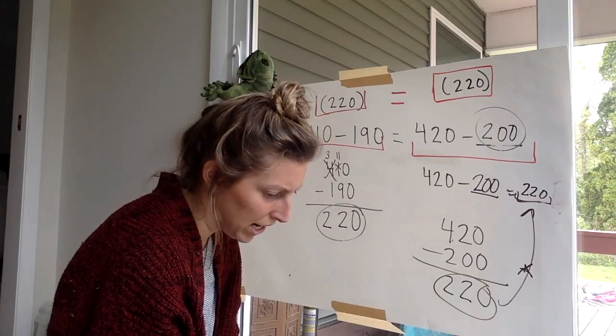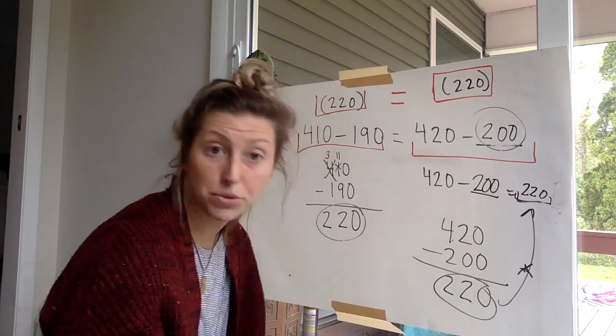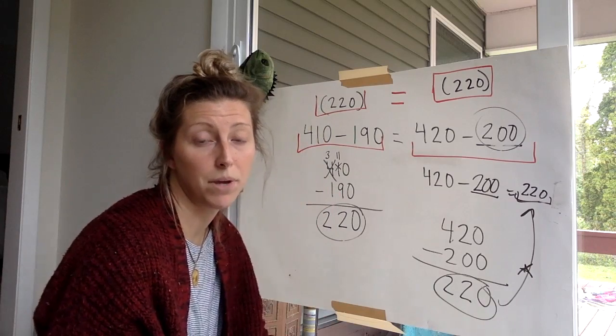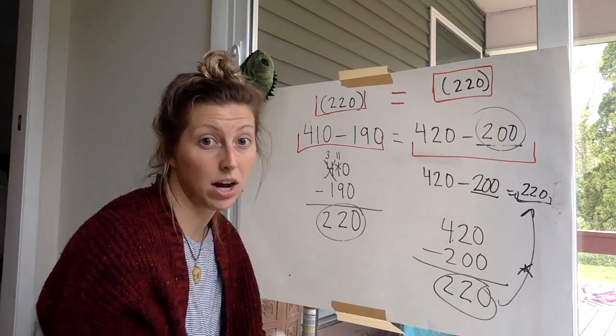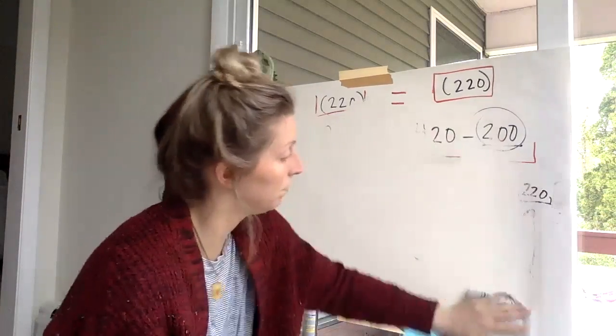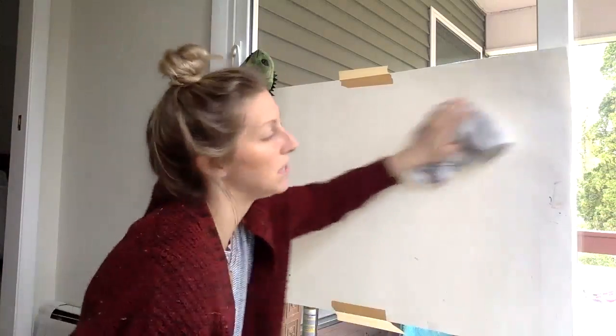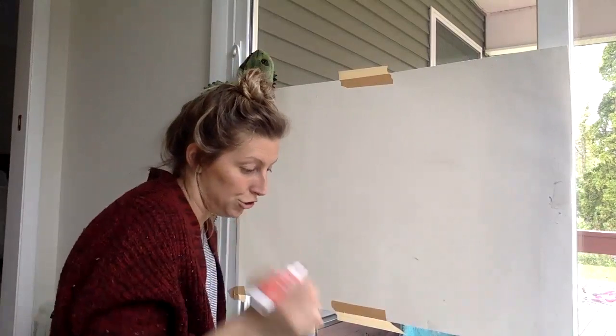I'm going to give you guys one problem to do where you're going to have to balance one side before the other, okay? And this is it. So after I put this up, then you can try it out.